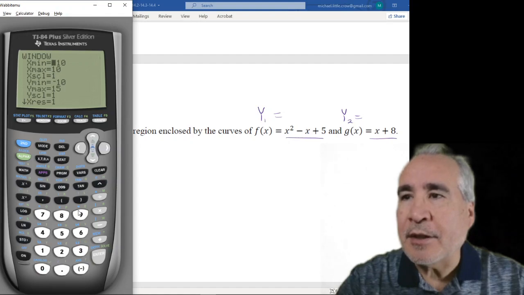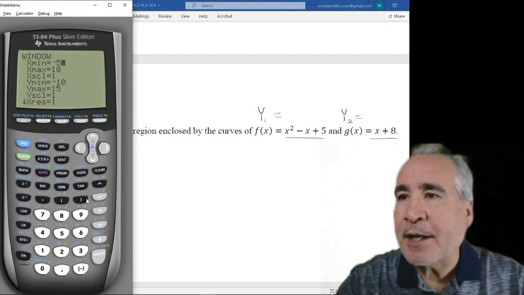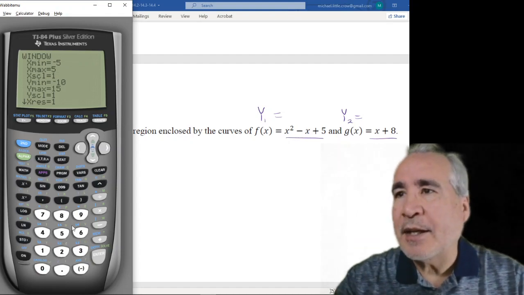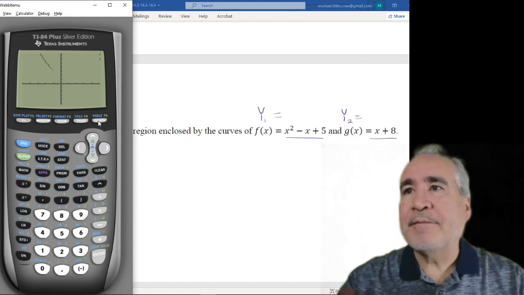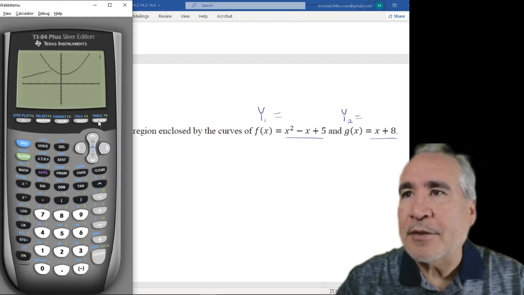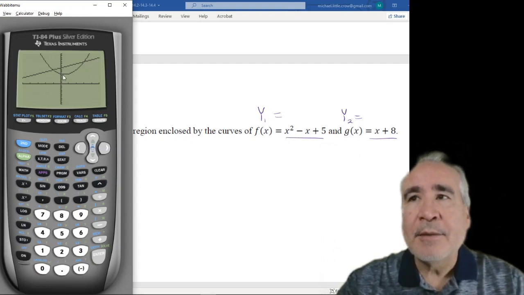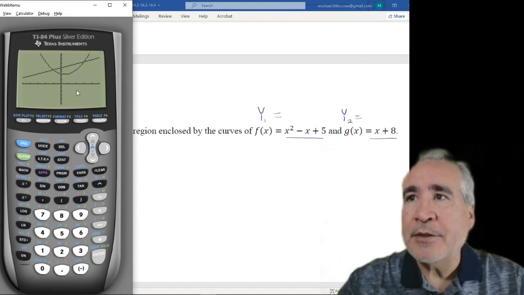Just to see things a little better, I'm going to go negative 5 to 5 because I'm going to squeeze in at the same time, just so we get better use of our real estate here. So we see the two intersections. This is nicely centered. Again, as long as you can see it, it's fine, but being a graphical solution, the better we see it, the better.